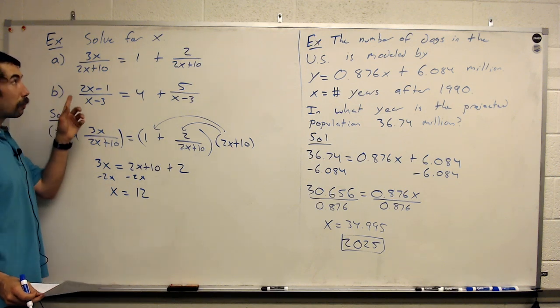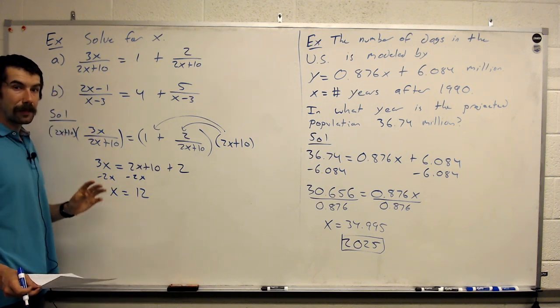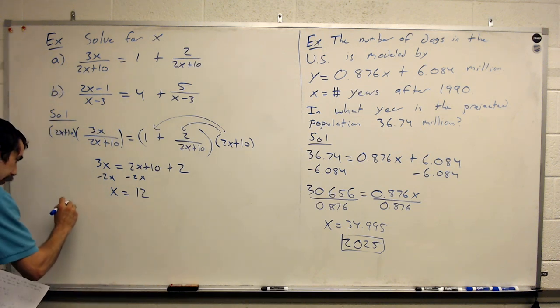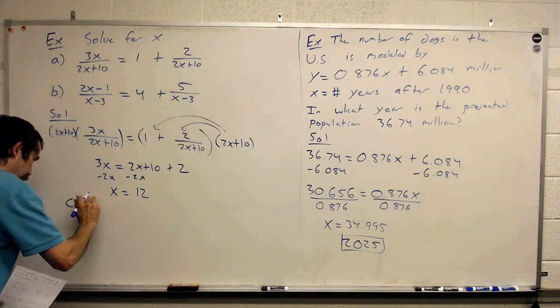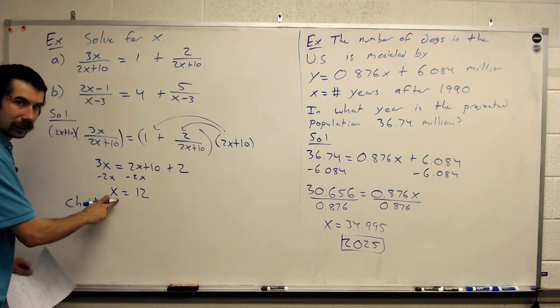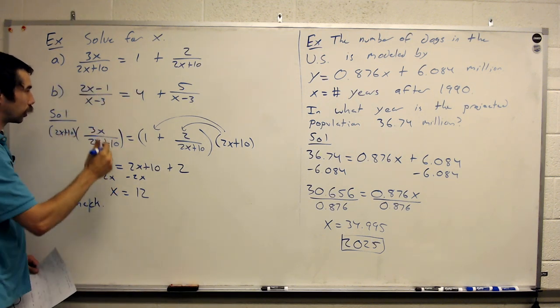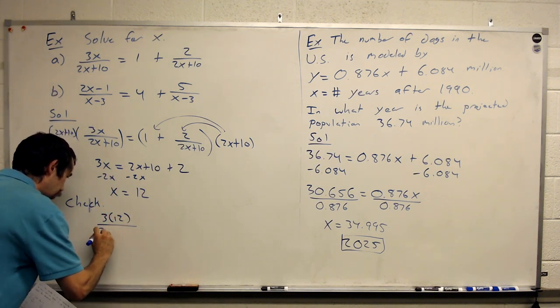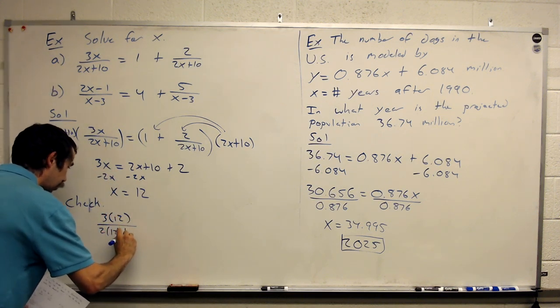Okay, and since we have an x in our denominator, we need to check our answer. All right, so let's check. So we check by just subbing in x equals 12 into our equation. So we have 3 times 12 over 2 times 12 plus 10.